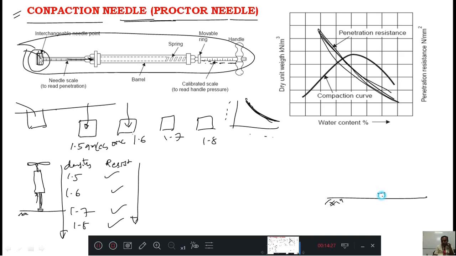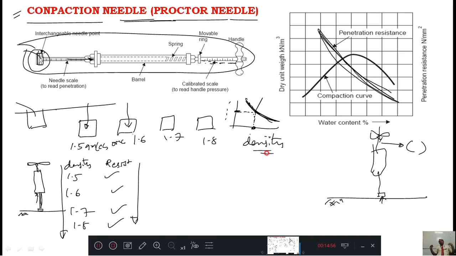Then put that needle here, and after that, by using this handle, you push it. When you push it, some resistance will come and you read the reading. Whatever reading you read, you bring it and check where it is on the graph. This is the reading read in the field, and correspondingly you read the graph, and you will get the density.